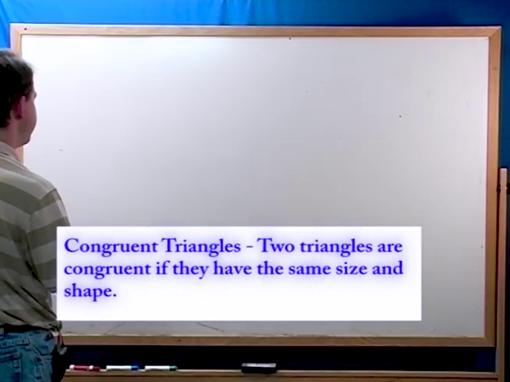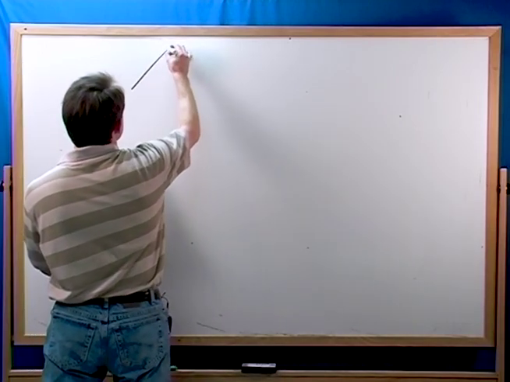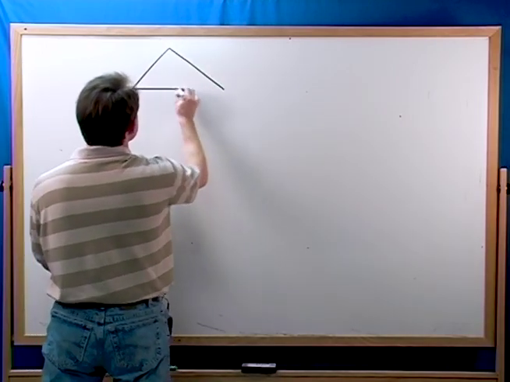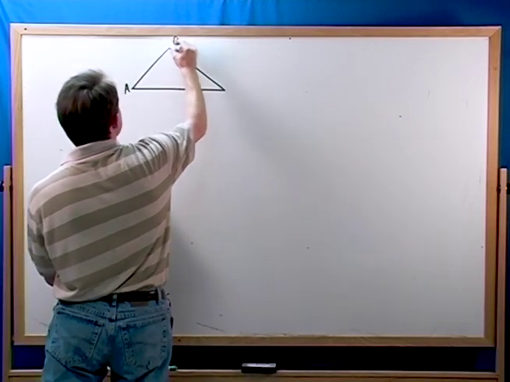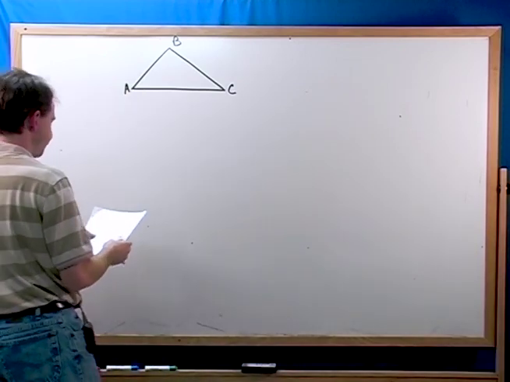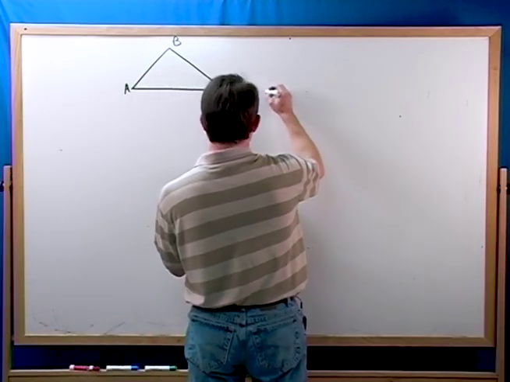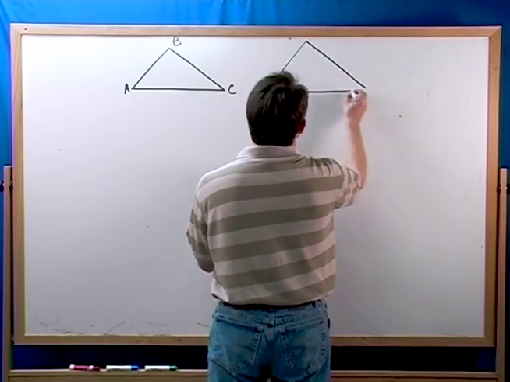So as an example of two triangles that are congruent, let's say you had a triangle that looked like this. And this point over here is A, and this point up here is B, and this point over here is C. And let's say you had another triangle right here. Looks pretty close.